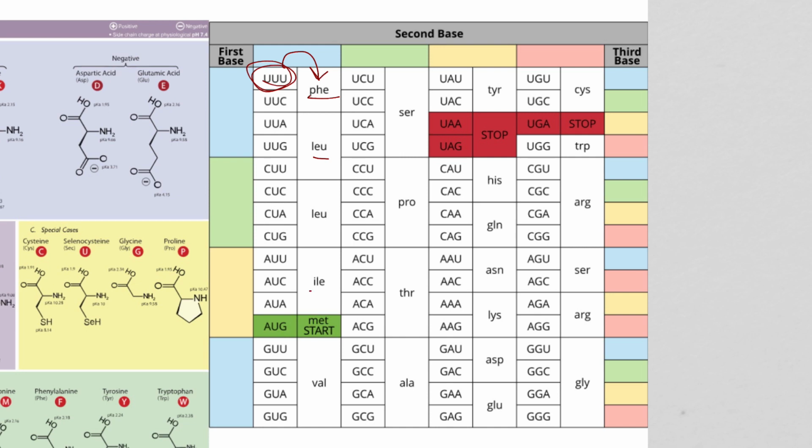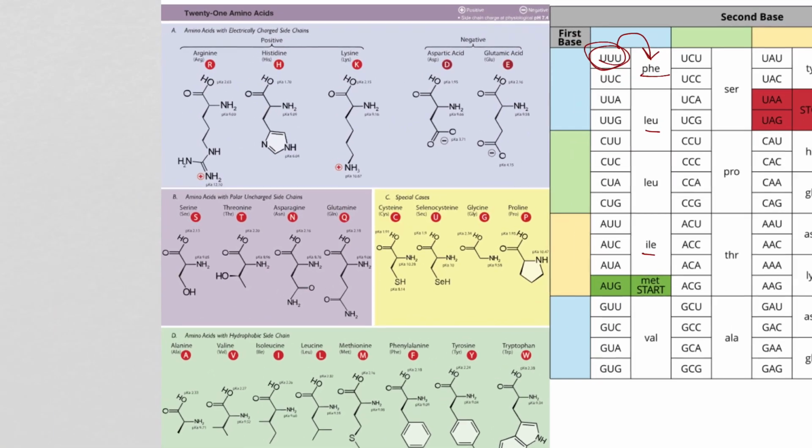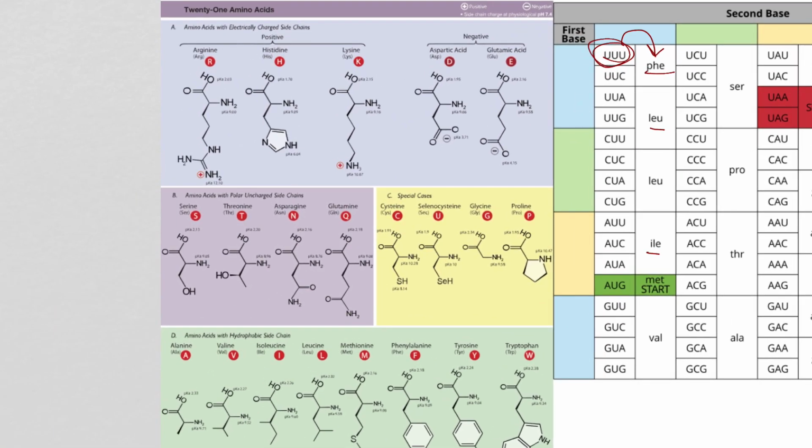Phenylalanine, leucine, isoleucine, these are the amino acid choices that cells have when they're building proteins. And those different amino acids have very, very different properties. So it might seem like a minor thing, but if you change one nucleotide in a gene, you might change a small hydrophobic amino acid like alanine to a very large charged polar water-soluble amino acid like a lysine.